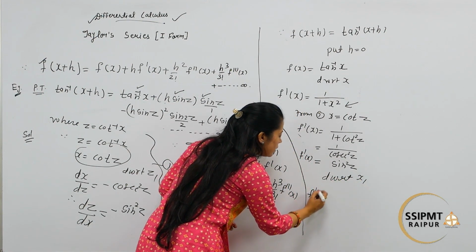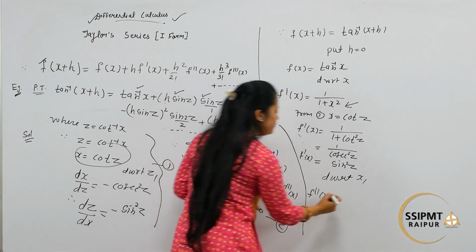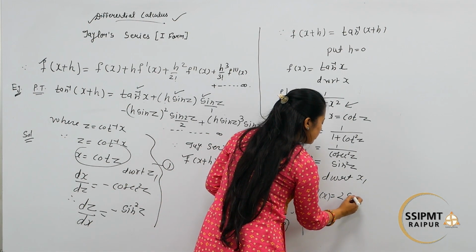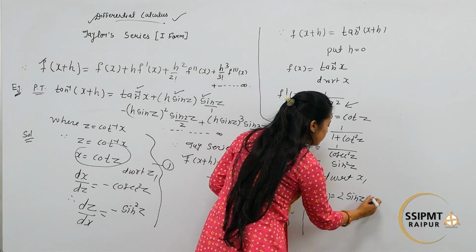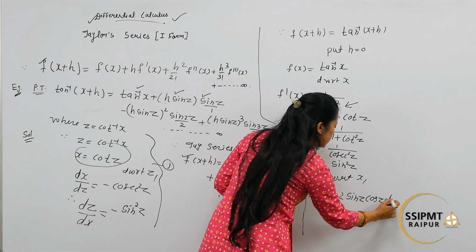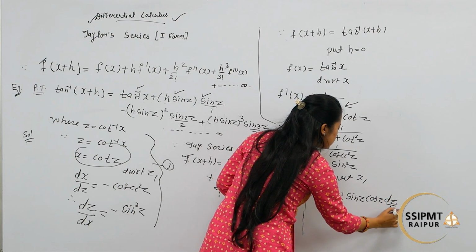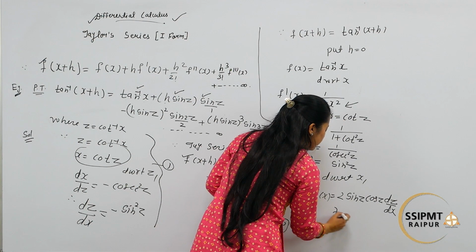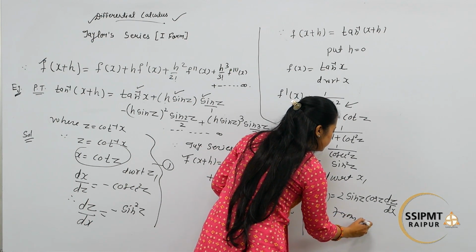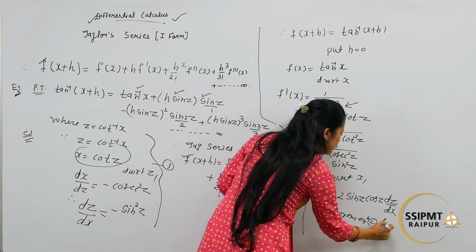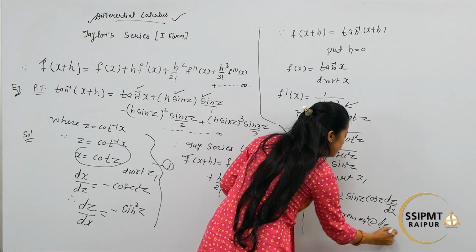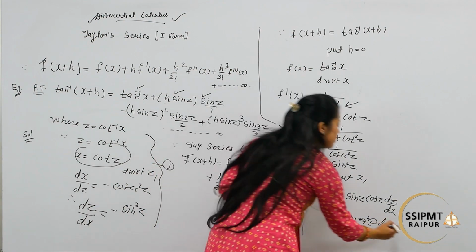Now differentiate again with respect to x. So f double dash of x will be 2 sin z cos z dz by dx. From equation 1, dz by dx is equal to minus sine square z.